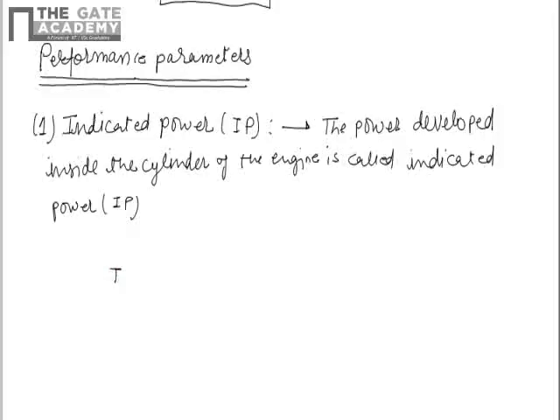And indicated power we can write as PMLAKN divided by 60, in kilowatt. Here A and L we have already discussed: A is the area of cross section of the piston and L is the length of stroke.